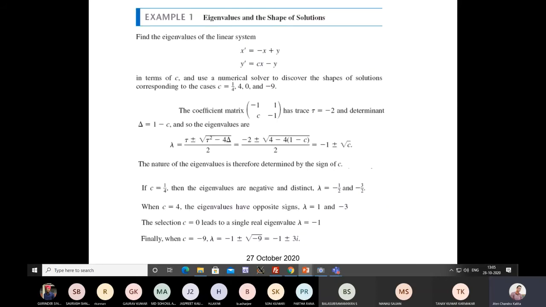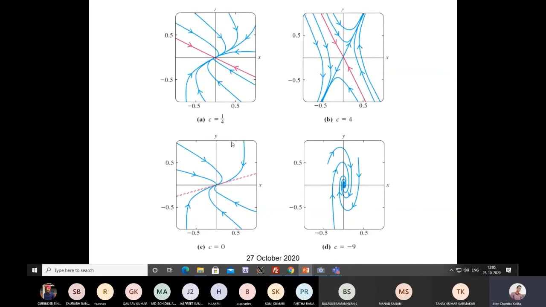And then if I take c equal to 0, I have the single real eigenvalue that is repeated, lambda equal to -1. In that case, you can see that they are all converging towards this, and this is again a node.